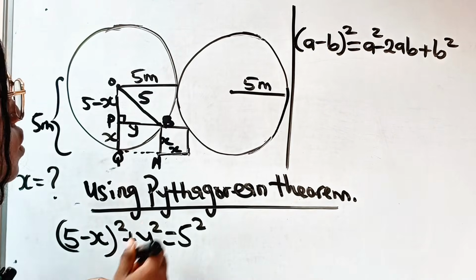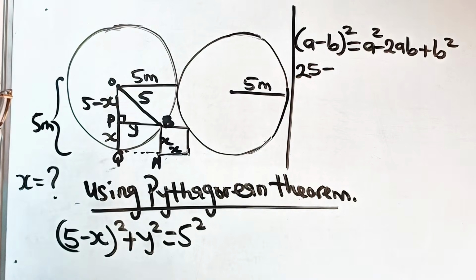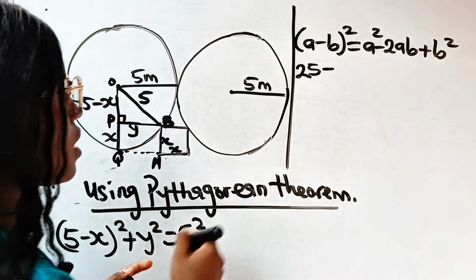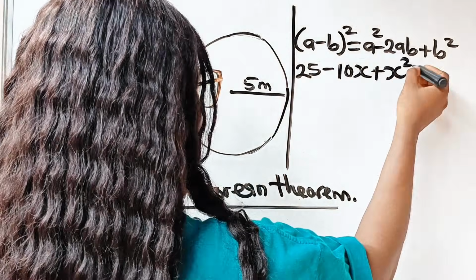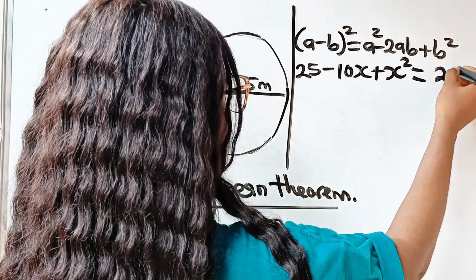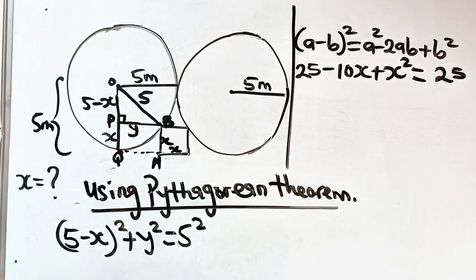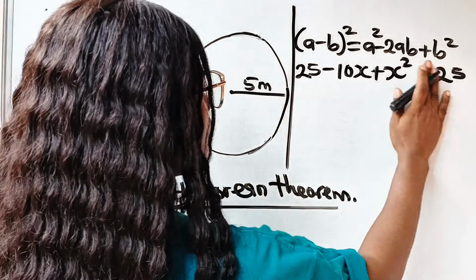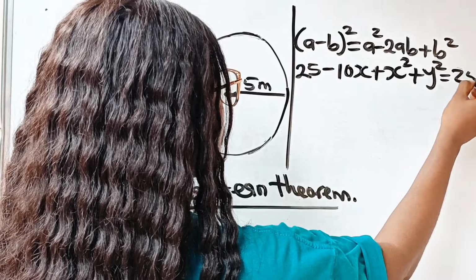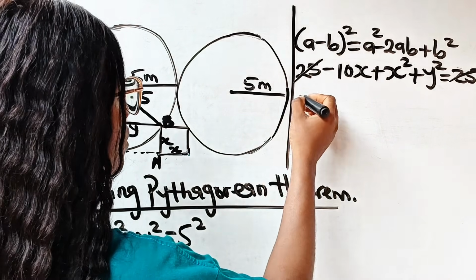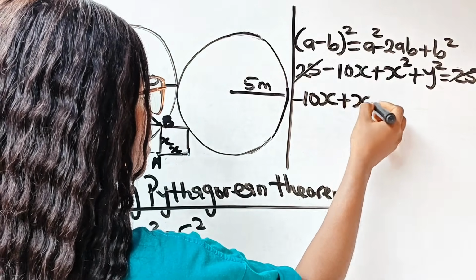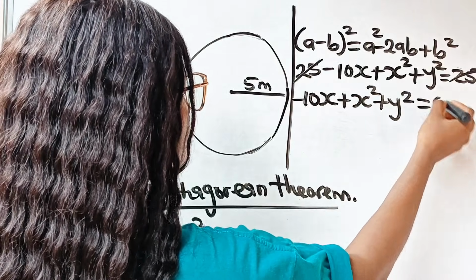So this will be 5 squared, which is 25, minus 2 times 5 times x, which is 10x, plus x squared, plus y squared, is equal to 5 squared, which is 25. So we have 25 here and we have 25 here, so they will definitely go. Now we have minus 10x plus x squared plus y squared is equal to 0.